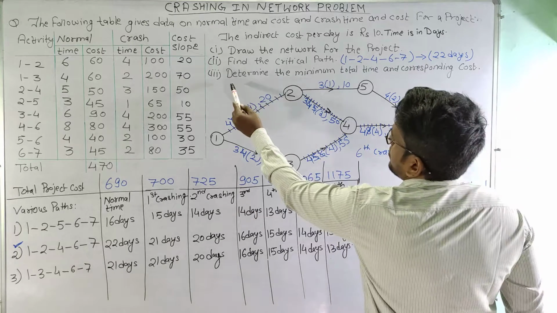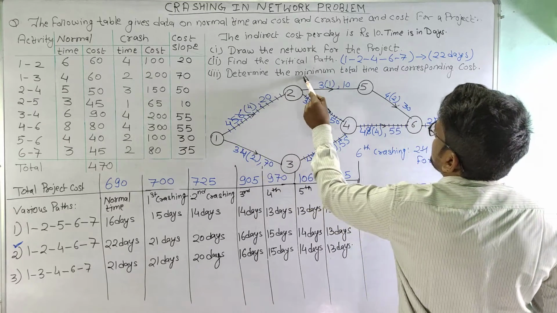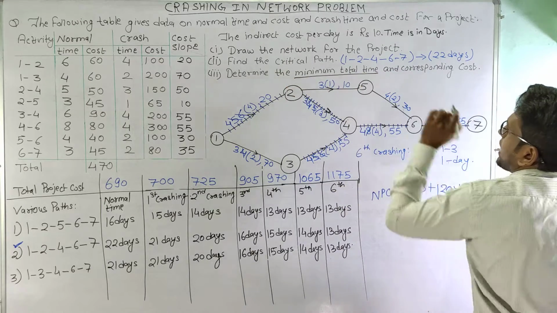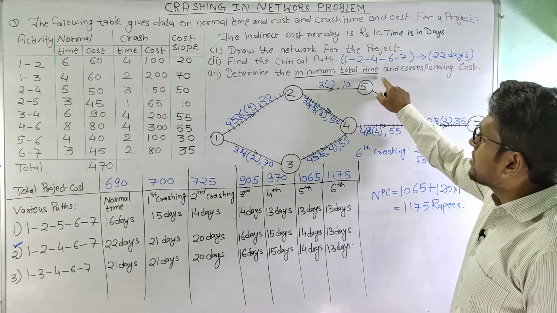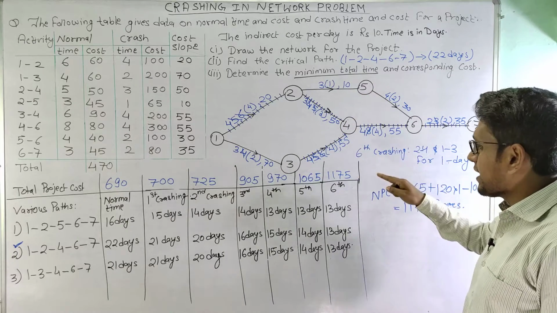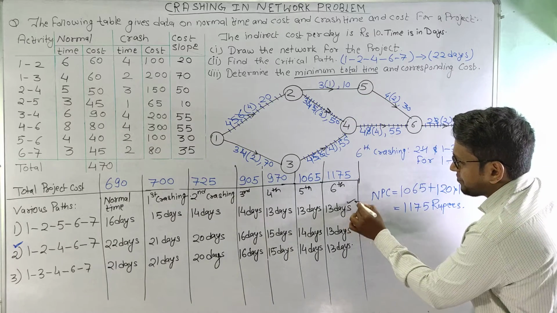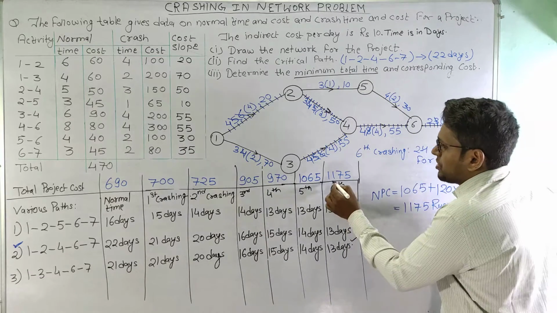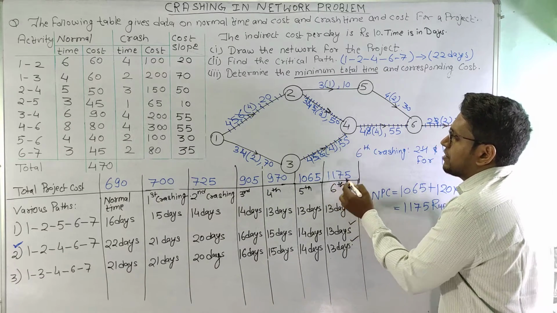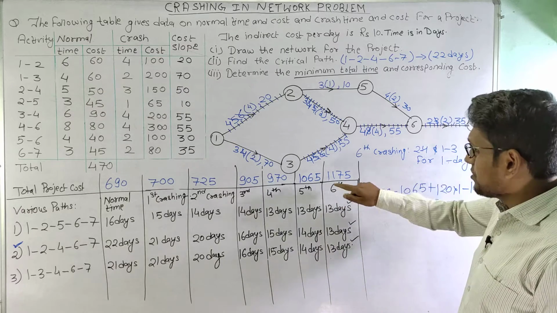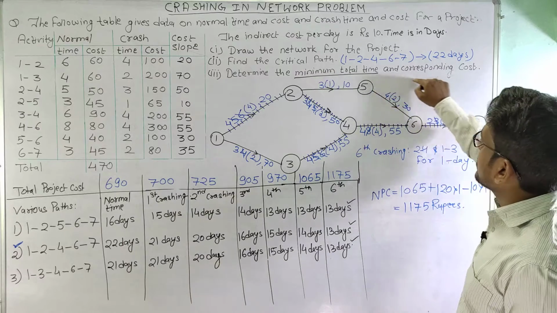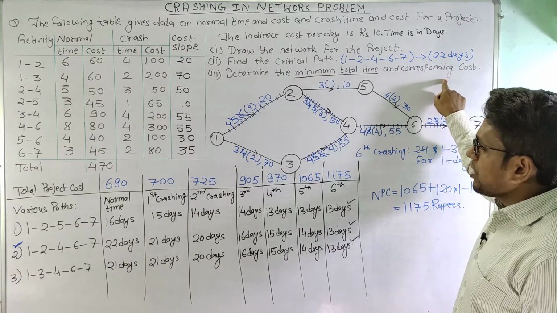So the solution to the third problem, which is to determine the minimum total time: the minimum total time to which the project can be compressed or crashed is 13 days, and the corresponding cost is 1175 rupees. So this is the solution for this particular part.